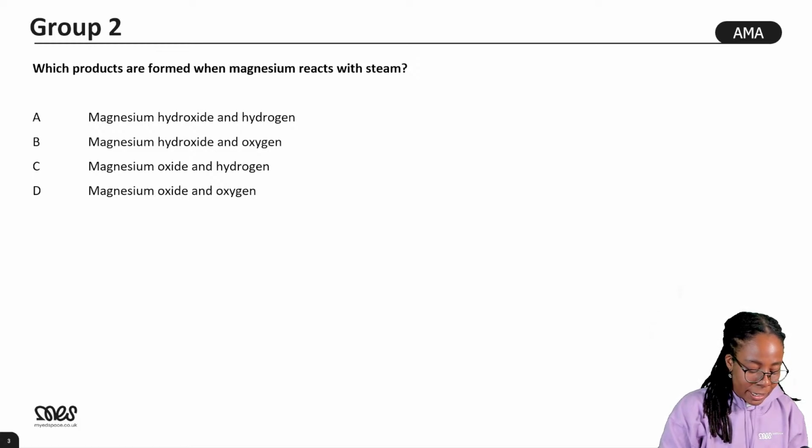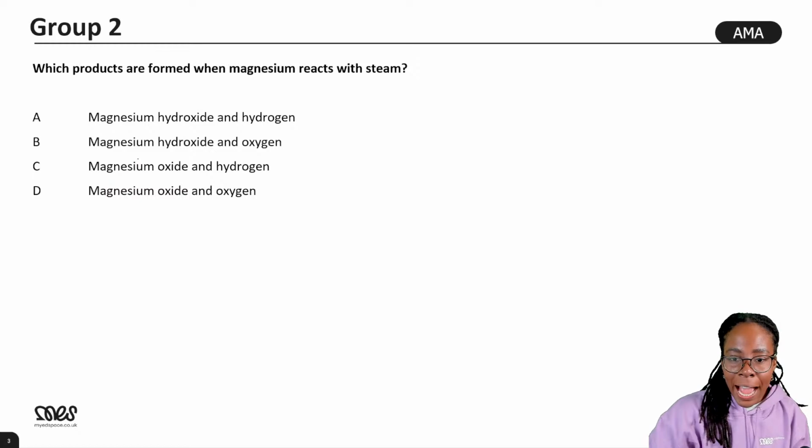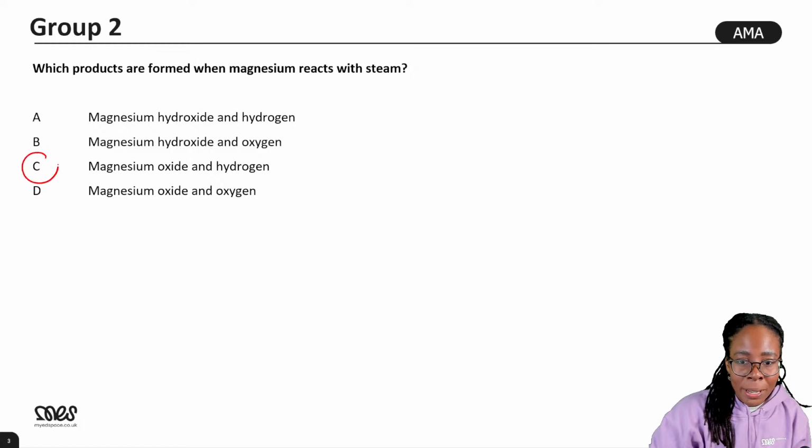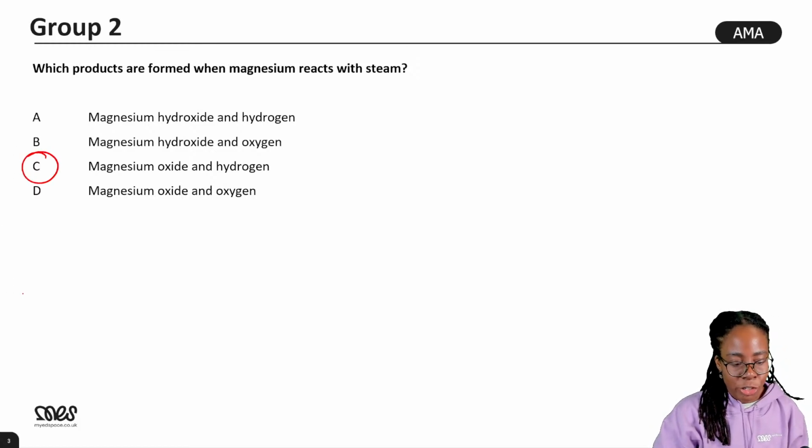But because magnesium is not very reactive, we'll react it with steam instead. And instead of forming magnesium hydroxide and hydrogen, absolutely, we form magnesium oxide and hydrogen instead.